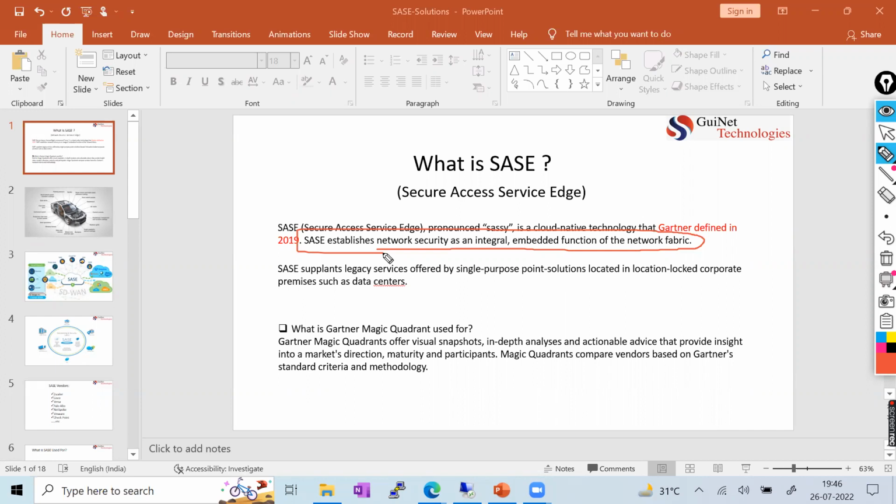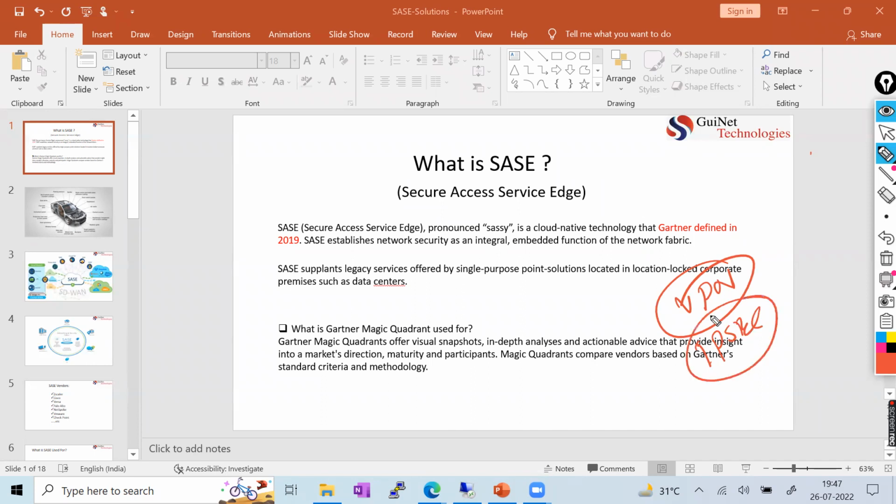Now you might have a question: how did things work before? People were using the network and it was quite secure, because we had solutions like VPN, and IPsec, which is again a part of VPN, or MPLS, which is a quite private network we are making.